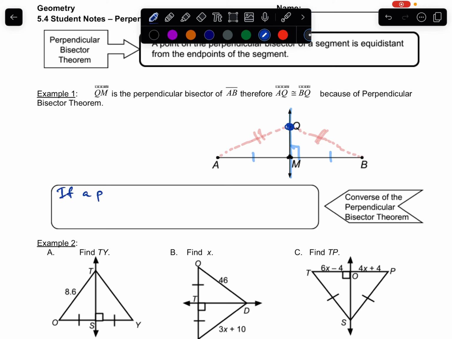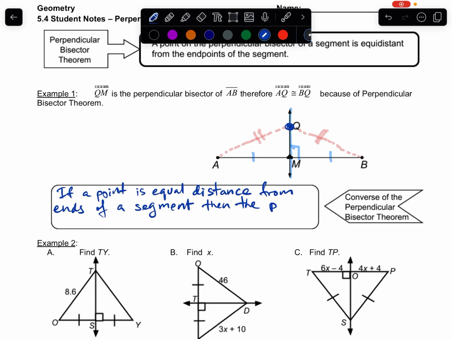The converse says if a point is equidistant, or is equal distance, from the ends of a segment, then the point is on the perpendicular bisector.